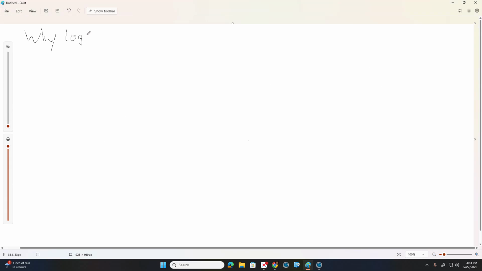Why logs? Reason 1: solve exponentials. Now, what are some other reasons why we use logarithms? They have nice properties. Let's take a look at an example of that.